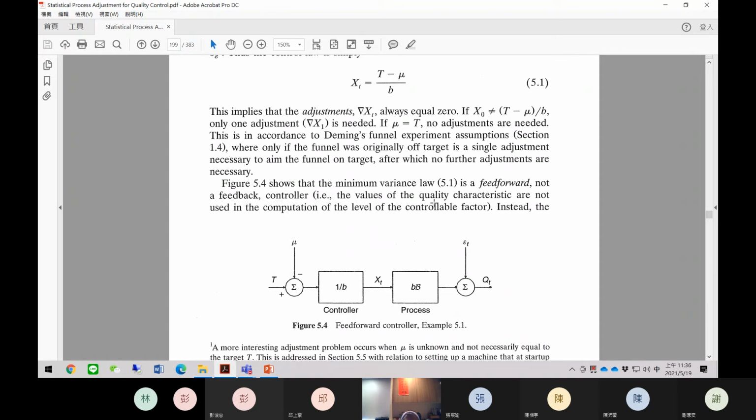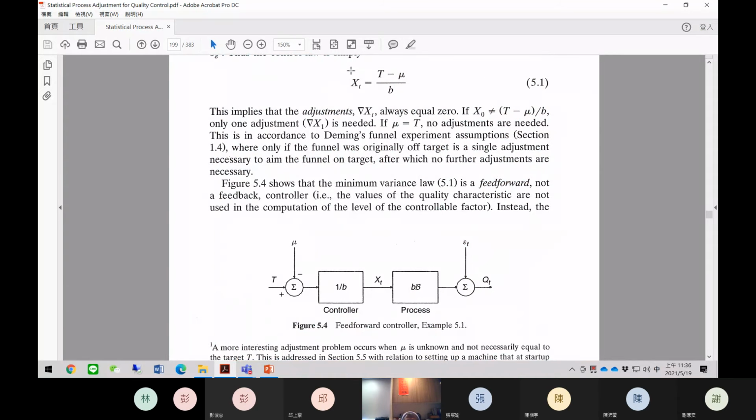That is, the values of the quality characteristic are not used in the computation of the level of the controller factor. So the value of the quality characteristic actually is not used to compute the Xt. Let me say it again, this is very important. The value of the quality characteristic is not used in the computation of the level.